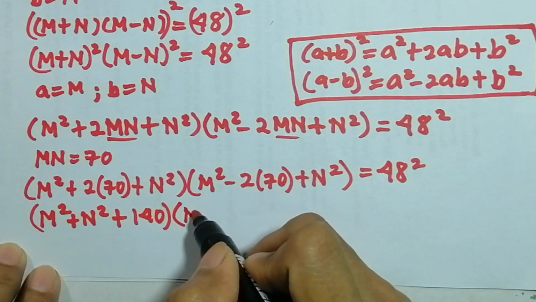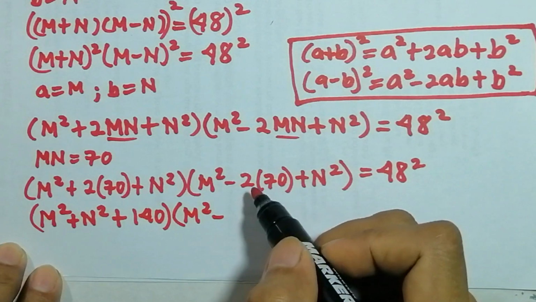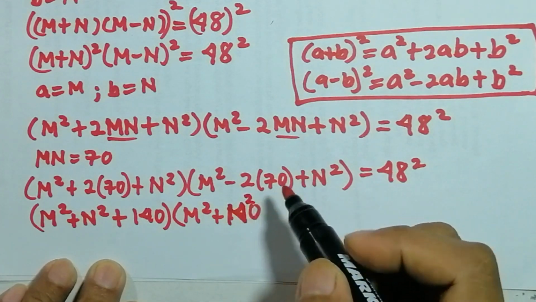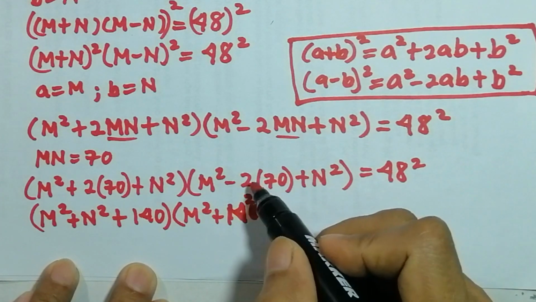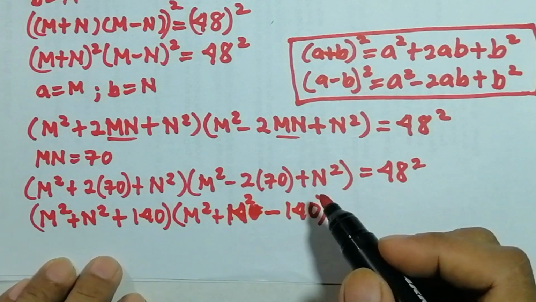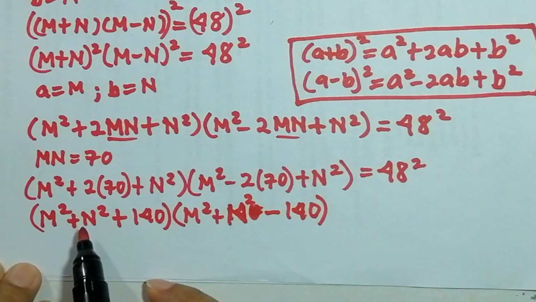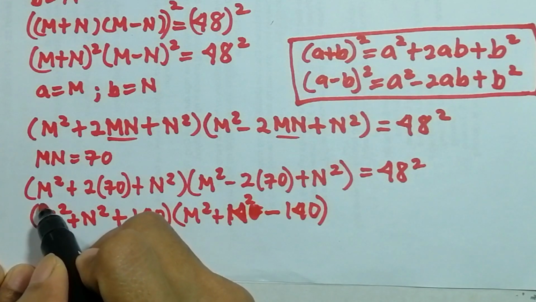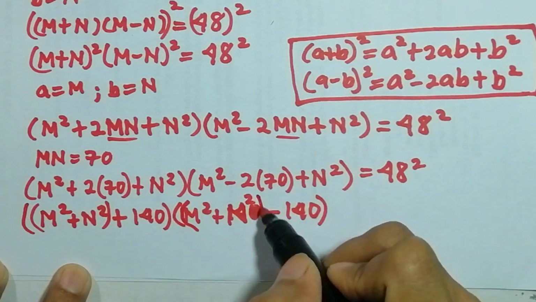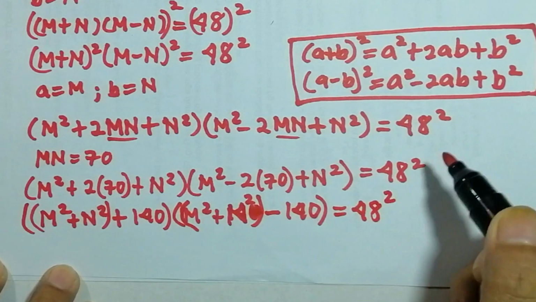Next, m squared minus 2 times 70 is negative 140, n squared minus, this one, negative 140. Then we're going to bracket the same terms with the same power. So this one bracket, bracket, and this one is bracket, bracket, is equal to 48 raised to 2.